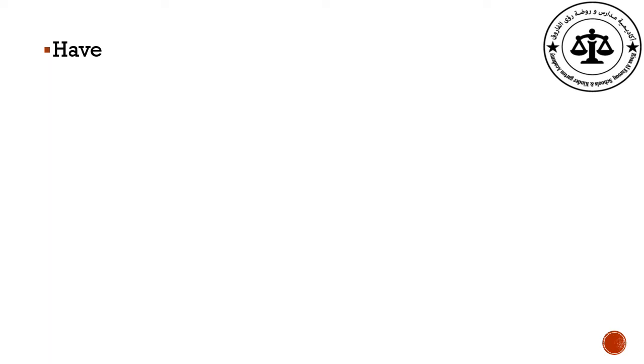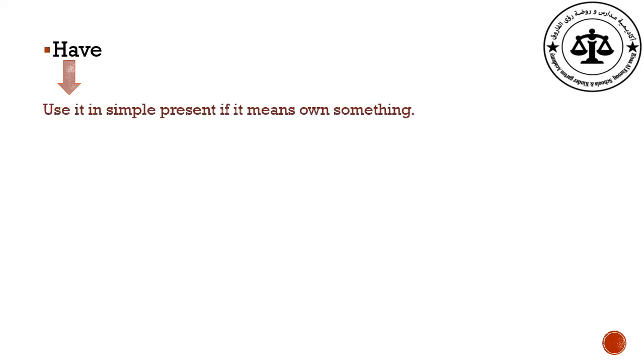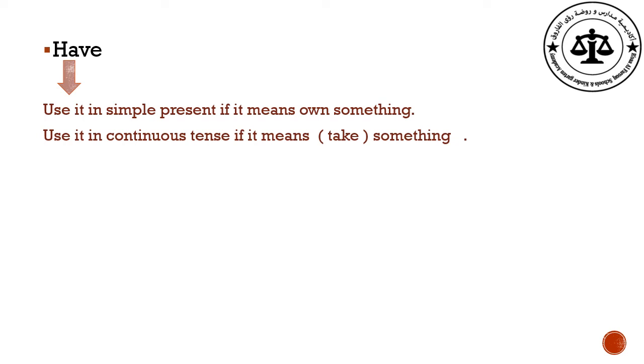Now what about the verb have? Have has two meanings. If we want to use it in simple present, it means to own something. But if we want to use it in present continuous, it means to take something. In present continuous, the verb have is a dynamic verb. It describes an action rather than a state.